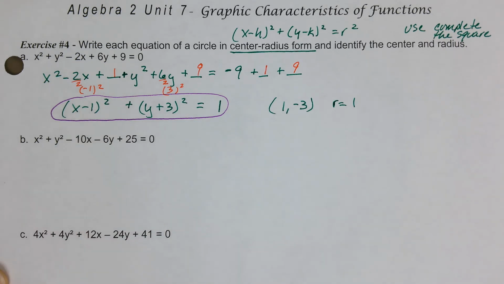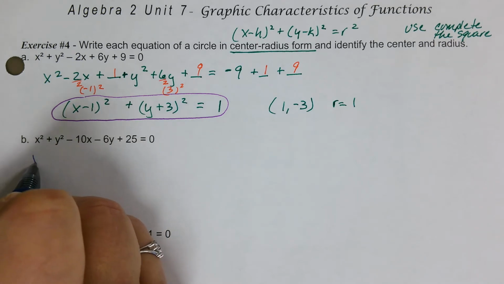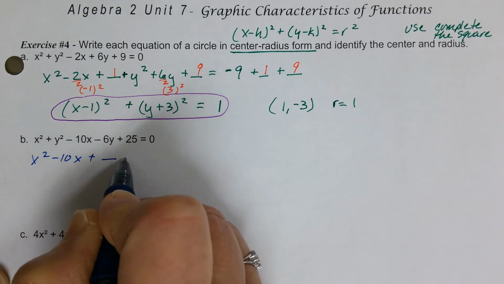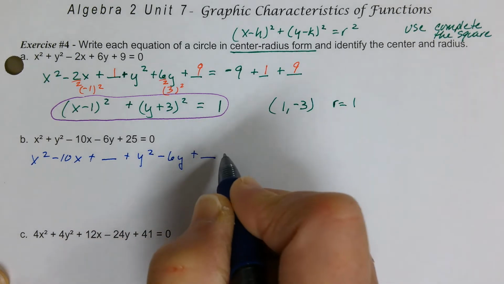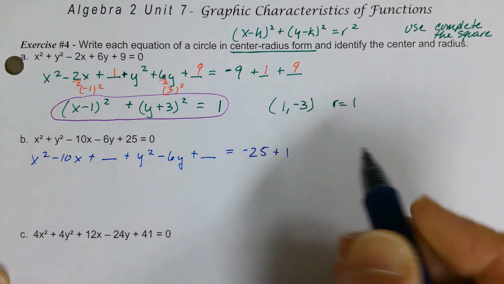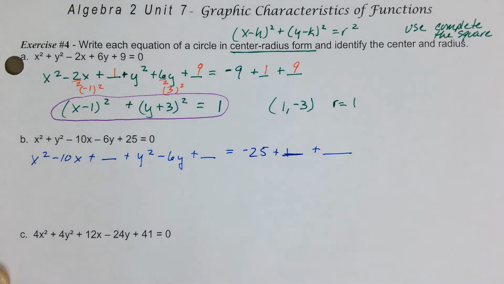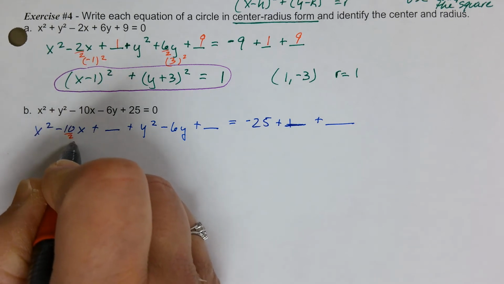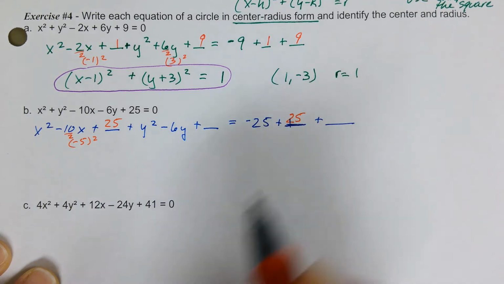Doing the same for B. X squared minus 10x plus blank, and then plus y squared minus 6y plus blank equals, constant on the other side, negative 25 plus blank plus blank. Go to negative 10, divide by 2 is negative 5 squared. So we're adding 25 to both sides.